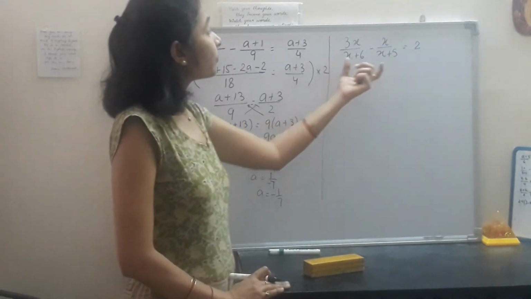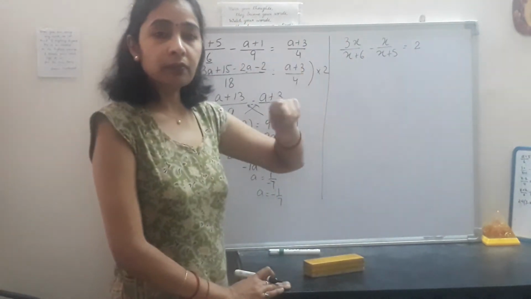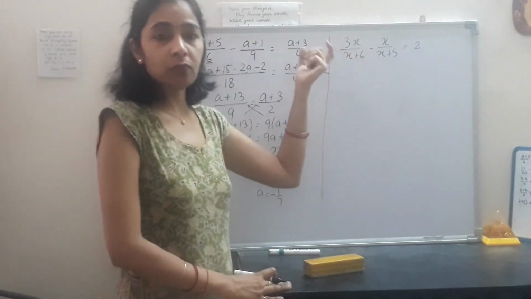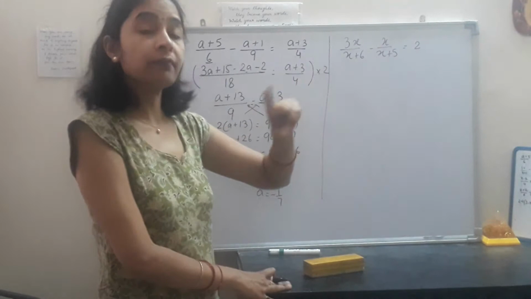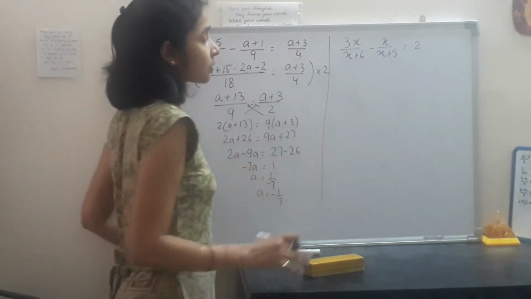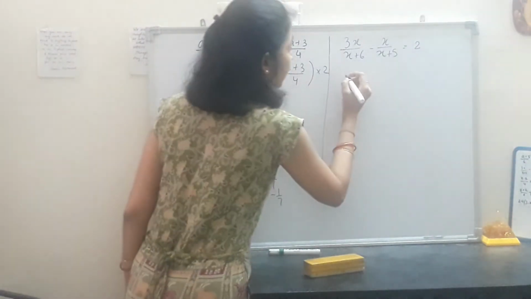But we can still start solving it, and it will finally remain a linear equation, because somewhere this x square will get cancelled and we will have a linear equation in one variable only. Let's see. Now taking the LCM.